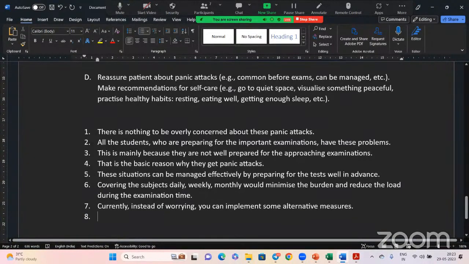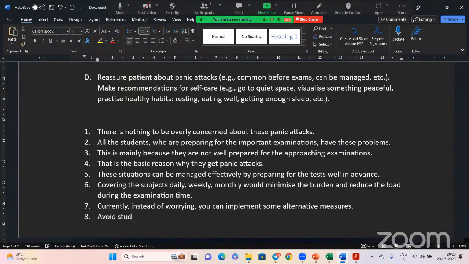Okay, avoid studying continuously for longer periods.